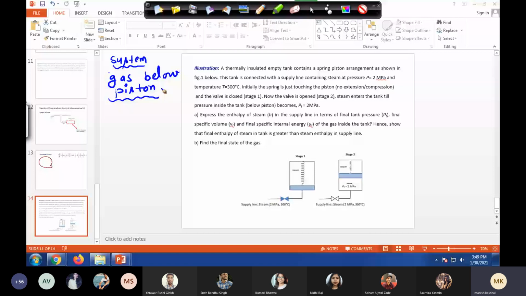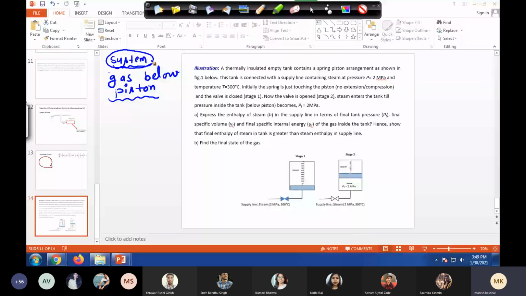You are free to take the system the way we did it earlier, taking some gas in the supply line, and you'll get the answer. But if I take gas below the piston as my system, this is certainly not control mass. Whether we should say it control volume or not is a different question. With the strict definition of control volume, I don't know. But I can solve this problem by taking gas below the piston as my system.